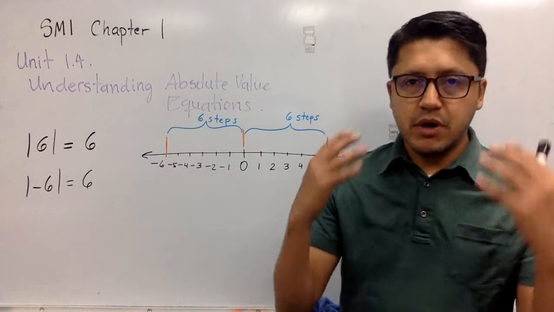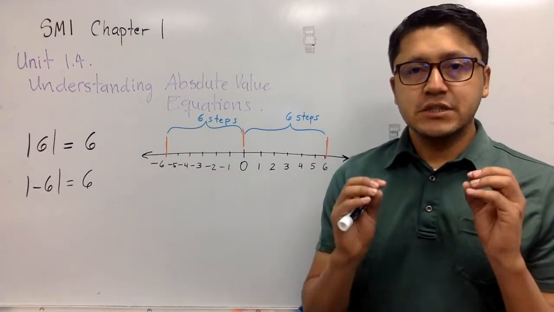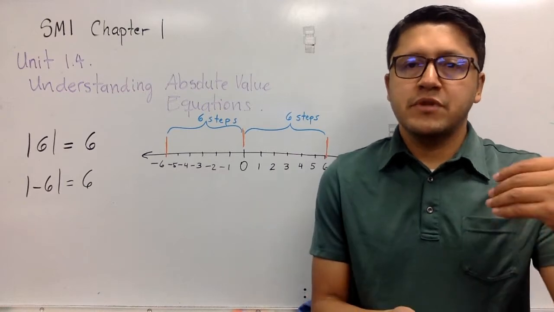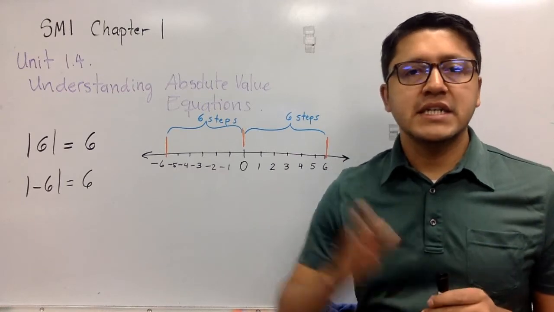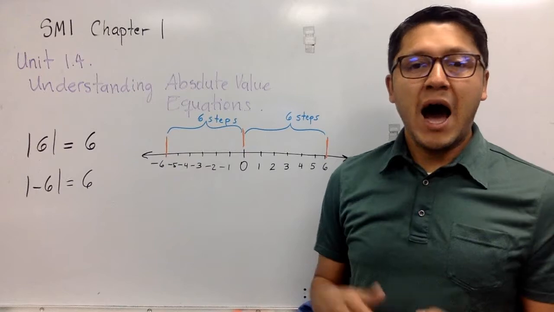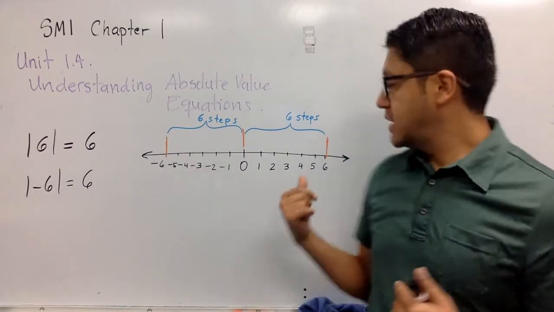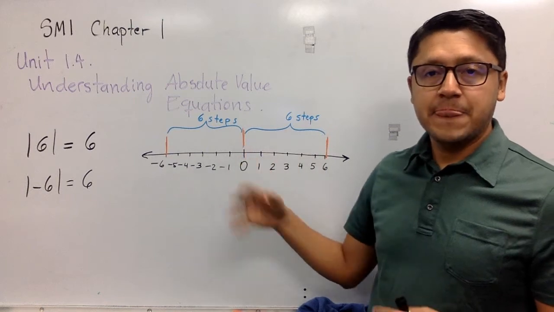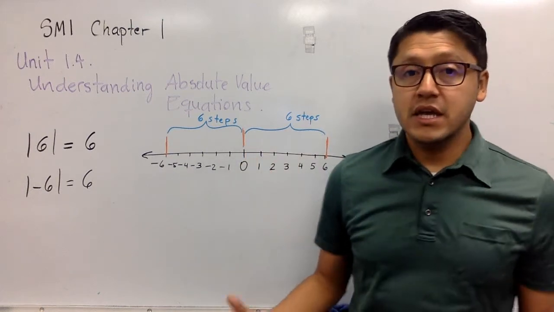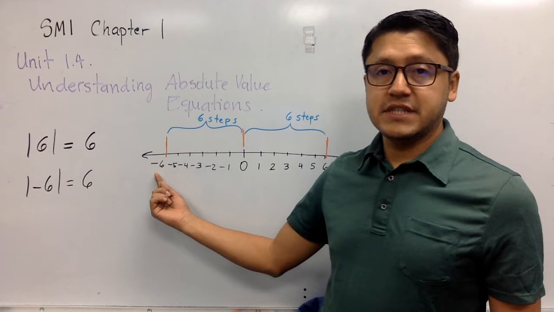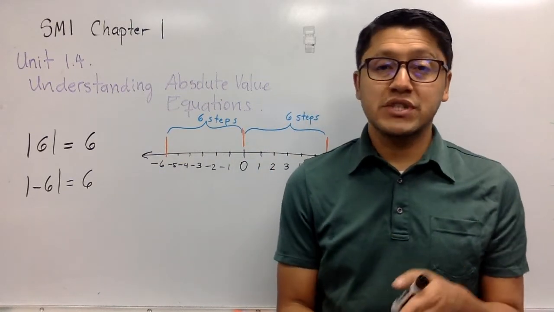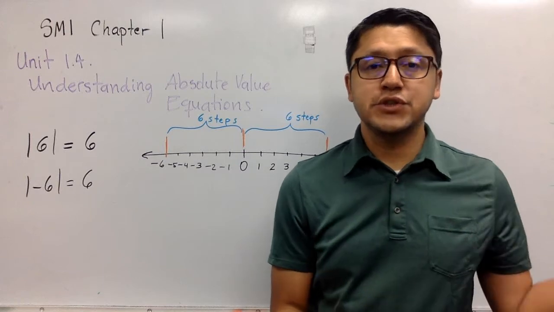So whenever we think about absolute value, we think about the distance in steps or units to go from the number you're standing on till you go to 0. How many steps are there from 6 to 0? Well, I'm counting 6 steps. Now, in the same way, if you're standing at -6, how many steps are you going to take to go from -6 to 0?